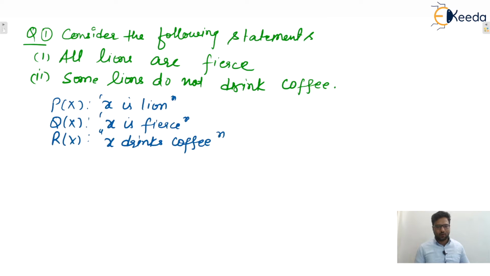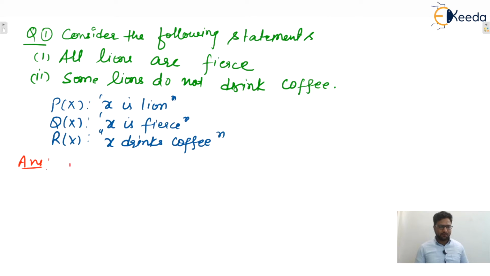Now we need to write the equivalent logical statements. This is the first example I'm going to explain. From the next onward, you will feel comfortable. So write down the first one.